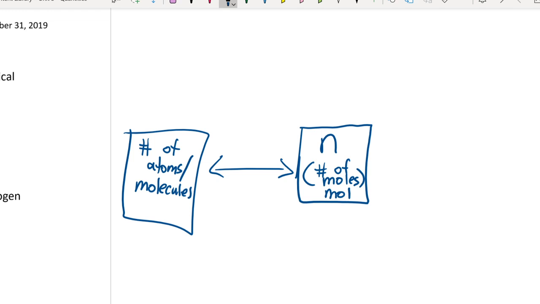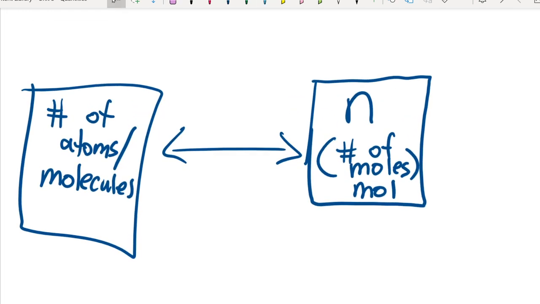Remind me. 6.022 times 10 to the 23. So if I know that I have 2 moles, I just have to double that. If I have 8 moles, I'd multiply that by 8. And if I know how many particles, I can figure out how many moles, right? So I can always go back and forth between these.